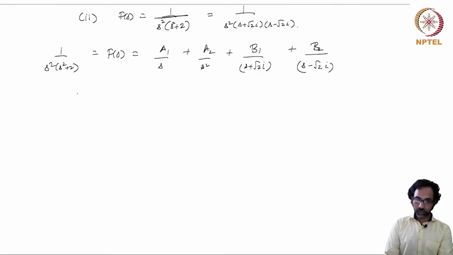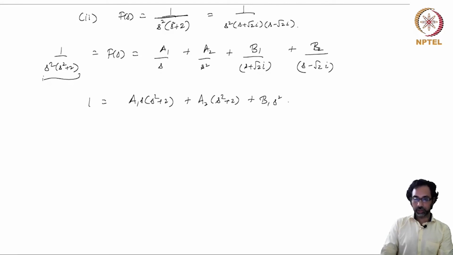If you multiply throughout by s squared times (s squared plus 2), then you get 1 equals A1 times s times (s squared plus 2), and then you have A2 times (s squared plus 2), and then you have B1 s squared multiplied by (s minus root 2 i).